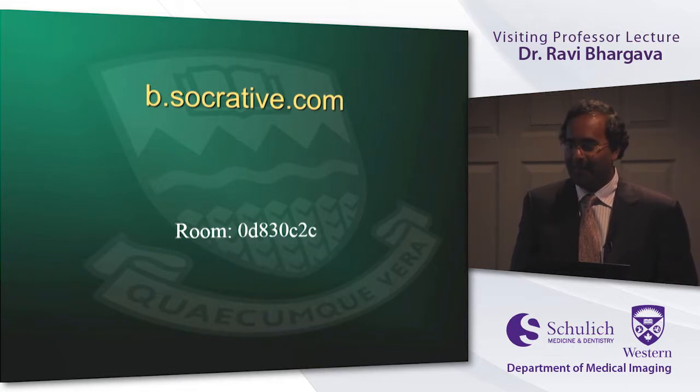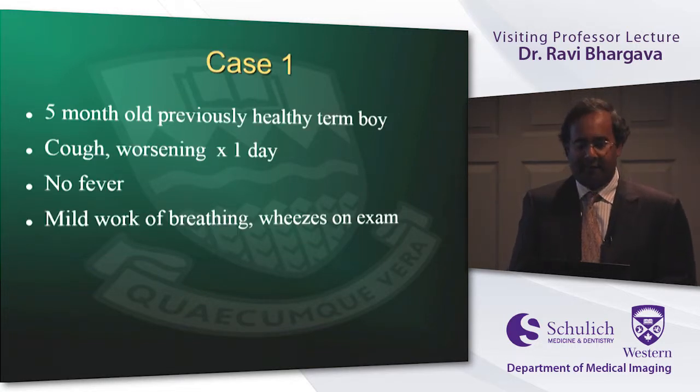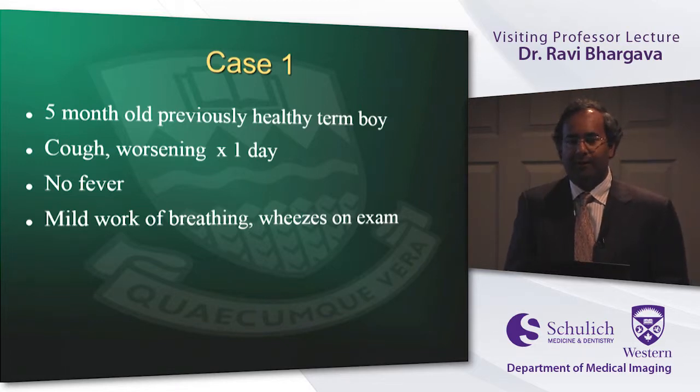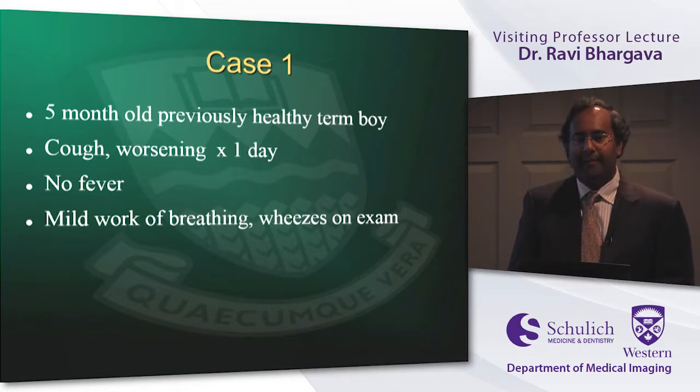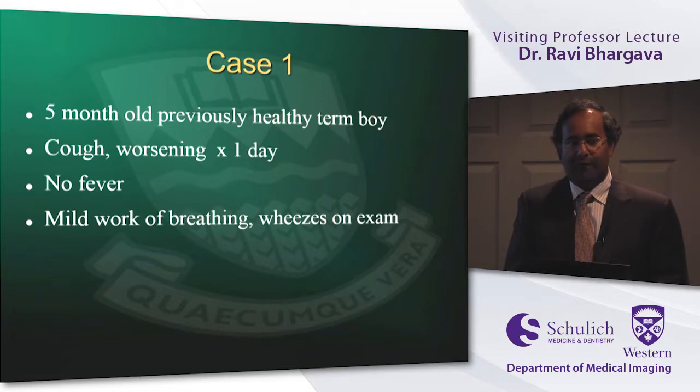Okay. So what I'm going to do is show you a bunch of cases and then give you some choices as to what the various options are. And then we'll go over an explanation of how we got to the findings. Okay, so let's start. The first case is a 5-month-old previously healthy term boy who presented to their pediatrician with a 1-day history of cough that had worsened over the past 24 hours.